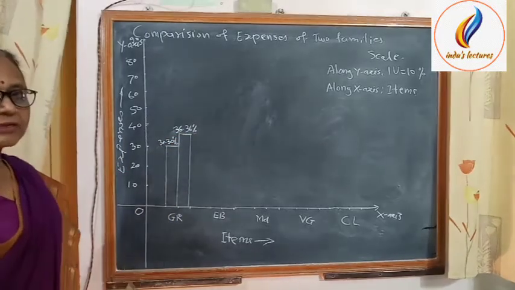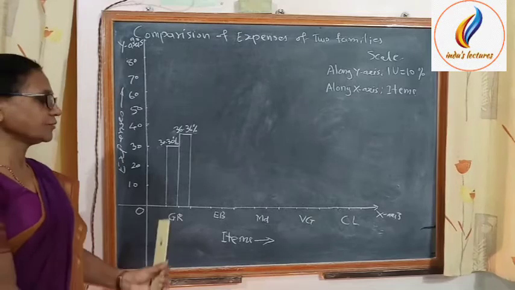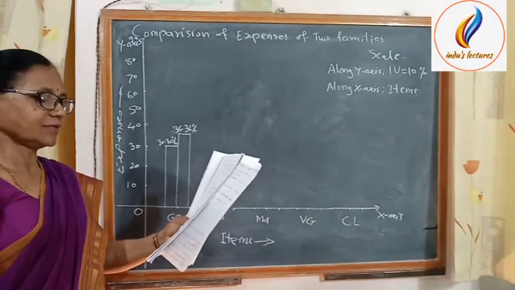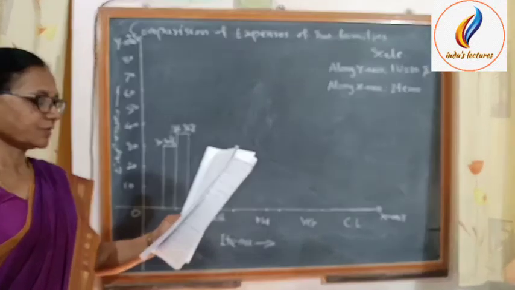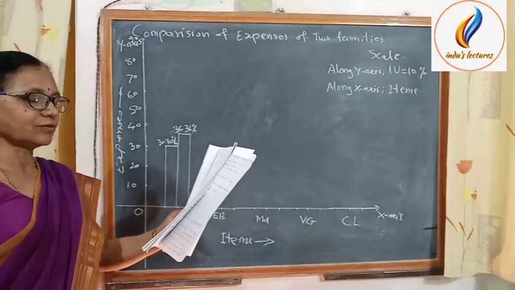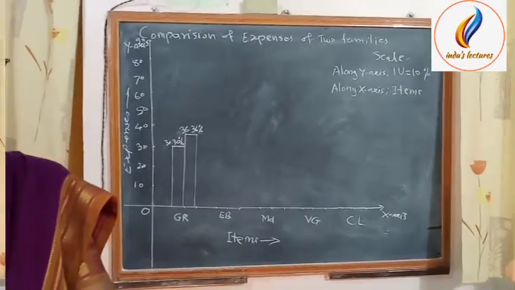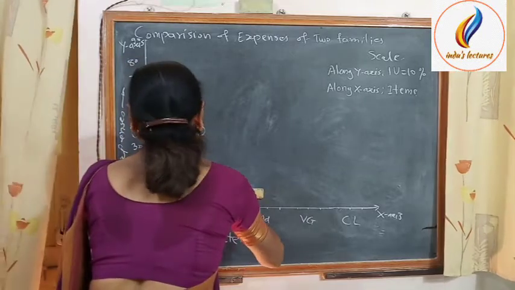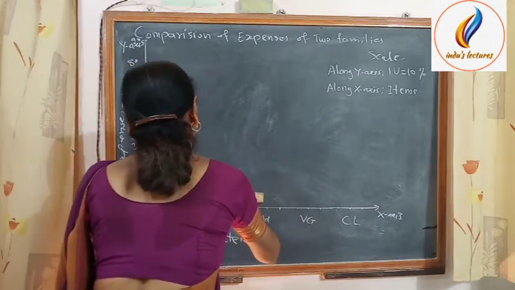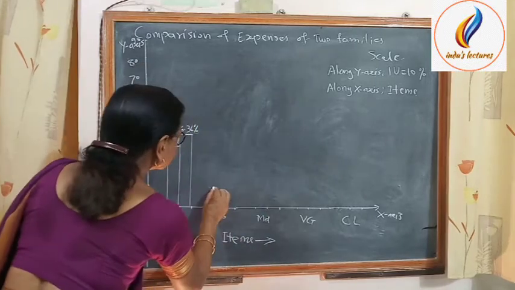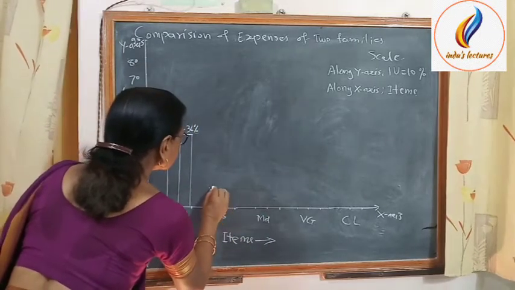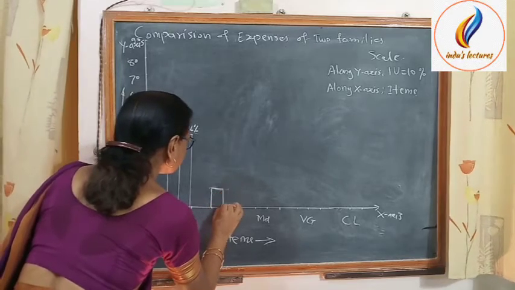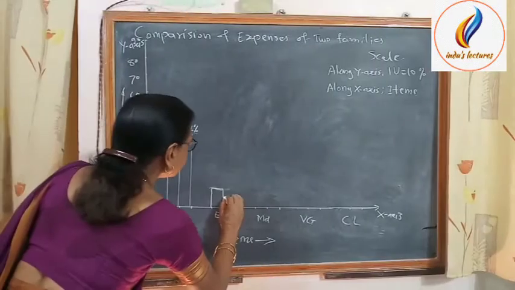Now consider the item electricity bill. For the first family it is 9.09%, and the expenses of the second family for electricity are 6.25. So we will consider the points. Say 9 here, and 6.25, somewhat here.